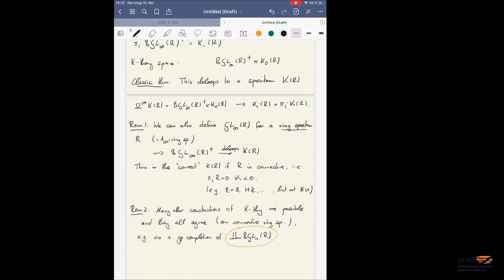This is very similar in spirit to what we had before for the definition of determinants. And we can define a group completion of this. Another thing would be as an invariant of Perf of R. If we have a discrete ring, we might look at bounded chain complexes of finitely generated projectives, and if we invert the quasi-isomorphisms, we get an infinity category.